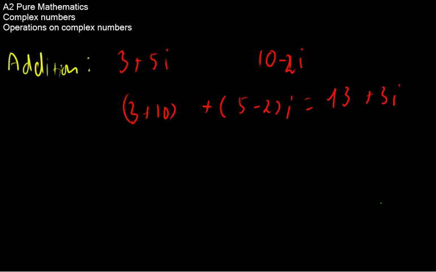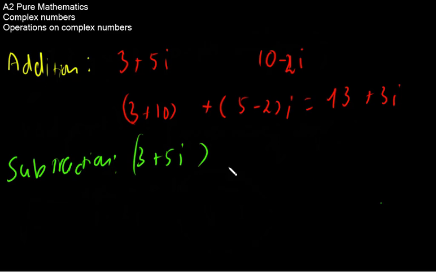So that is addition. And when it comes to subtraction, it's fairly the same. So here we also have 3 plus 5i, and we want to subtract 10 minus 2i. To do this, we also subtract the real parts.